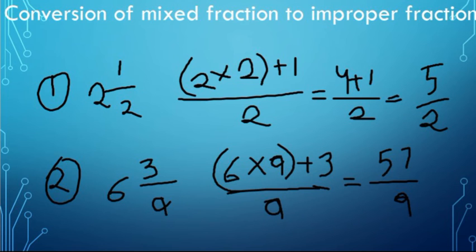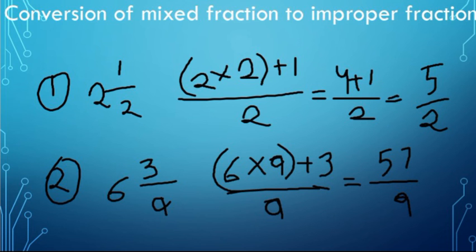Now next is conversion of mixed fractions to improper fractions. So this is the first example. So 2 and a half. How to convert this? 2 into 2 in brackets plus 1 by 2 you will write. This is the formula. You will multiply the denominator and the integral part first.